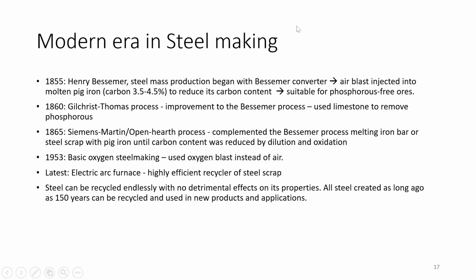Then up to this era, these were various practices that were used before for steel making: Bessemer converter, then the open hearth process, then basic oxygen steel making, and electric arc furnace is currently used. This is basically highly efficient for recycling of steel scrap.